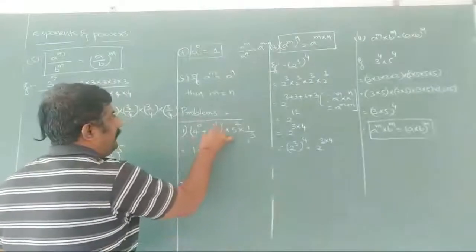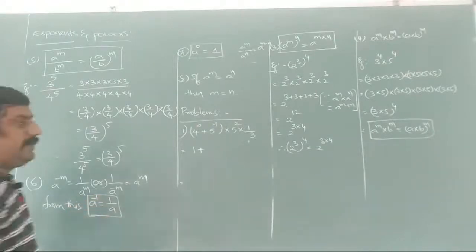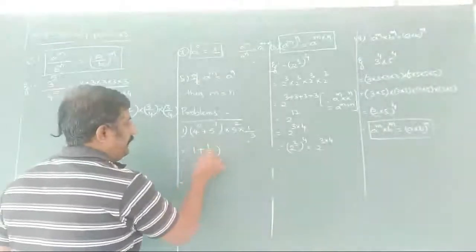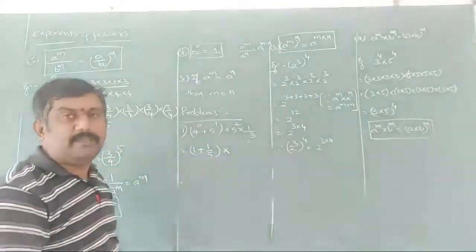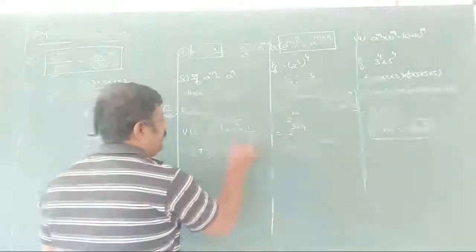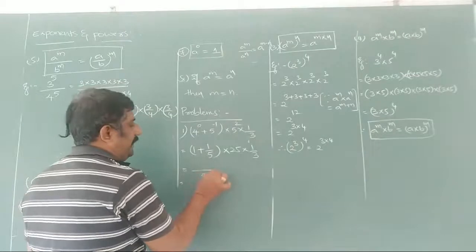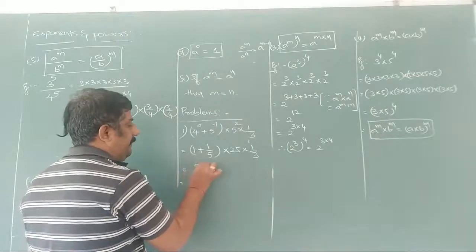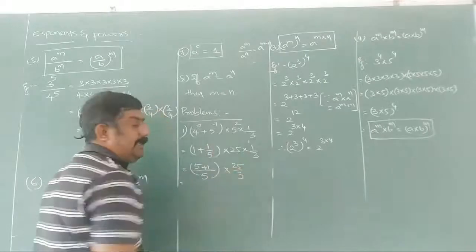And 5 to the power of minus 1, just before we discussed, a to the power of minus 1 will always be 1 by a. So we get 1 by 5, into 5 square, nothing but 25, into 1 by 3. The LCM is 5. 5 ones are 5 plus 1, into 25 by 3, directly I am writing here.